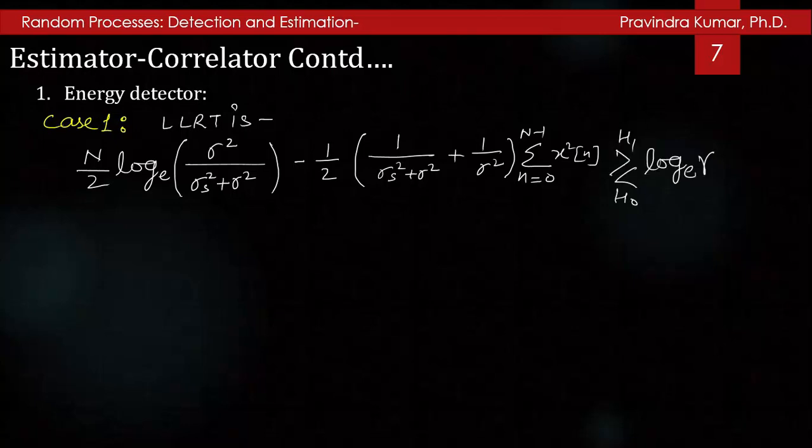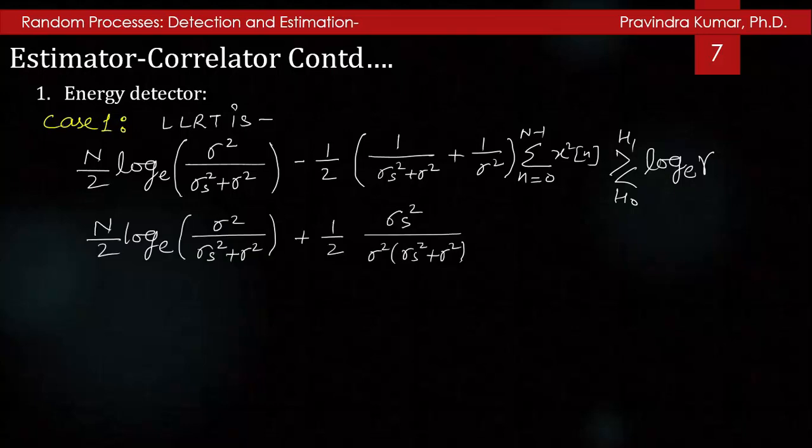It is greater than or less than log e gamma, or I can write this expression as 1 by 2 log e sigma square by (sigma s square plus sigma square) plus 1 by 2 sigma s square by sigma square into (sigma s square plus sigma square) summation n=0 to n minus 1 x square n.